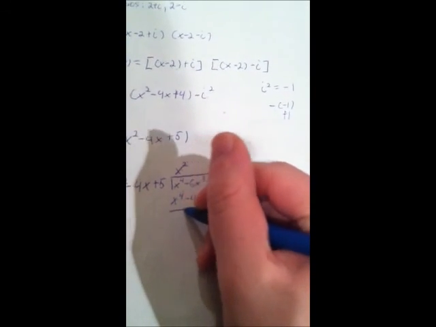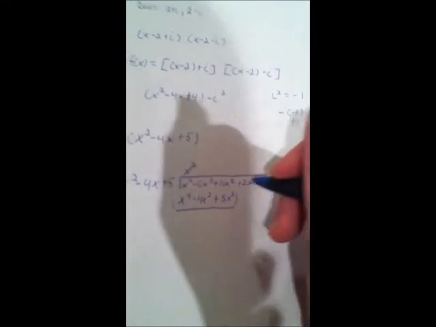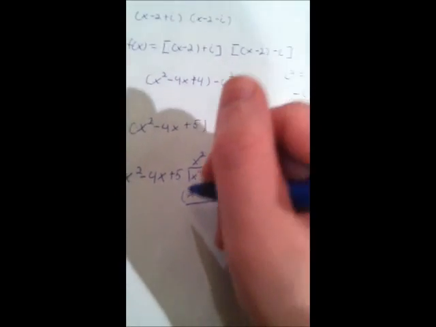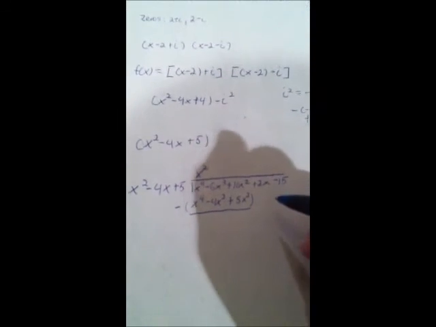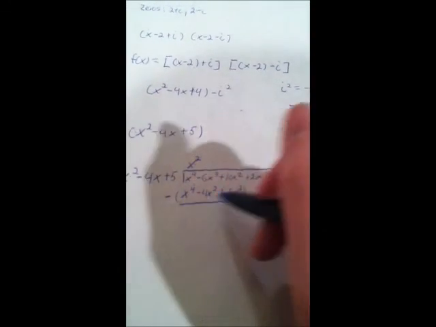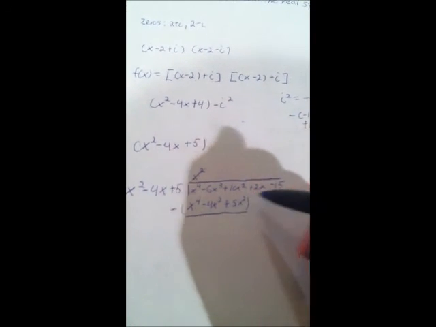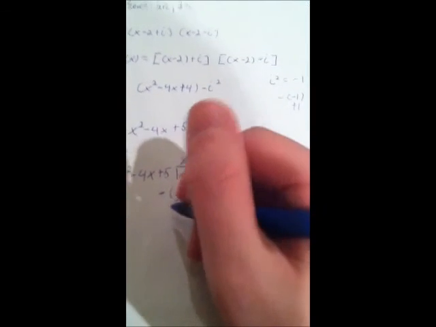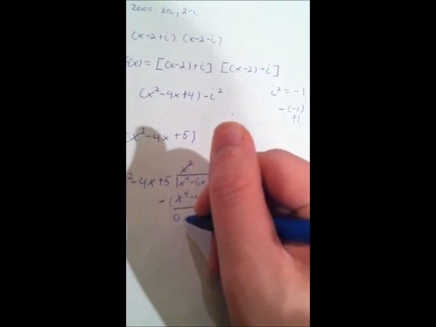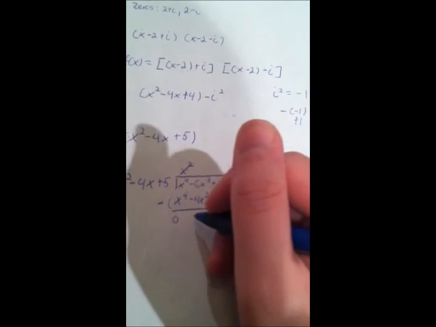Note that we are subtracting these terms, so I put parentheses in front and a negative out, because we are subtracting all these terms. So x to the fourth minus x to the fourth is 0, but you don't have to write it. I just wrote it to show it.